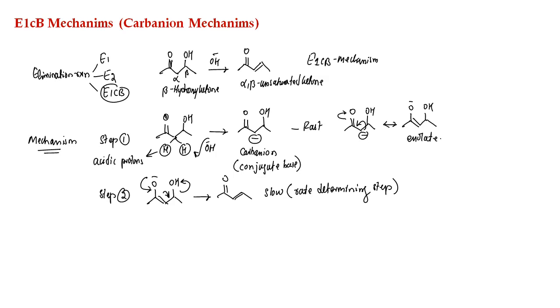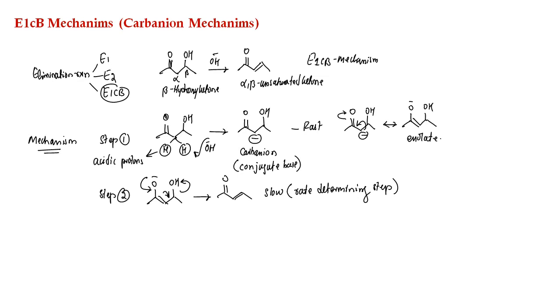Here in the rate determining step, as only one molecule of a conjugate base or an enolate is involved, only one molecule determines the rate of the chemical reaction, so that's why we call it a unimolecular elimination reaction. As far as the conjugate base is concerned, it depends upon the base as well. If there is no base, there will be no formation of a conjugate base or the carbanion.